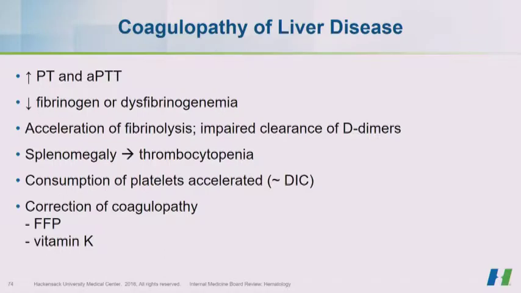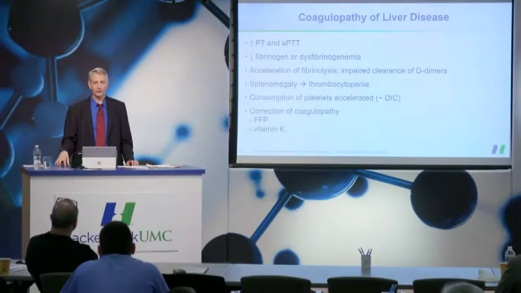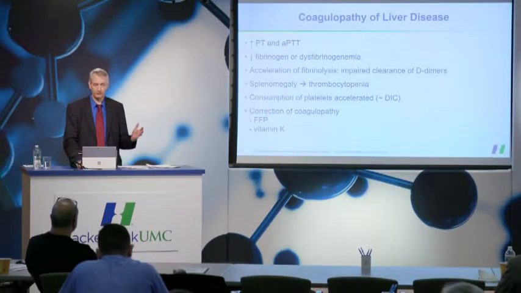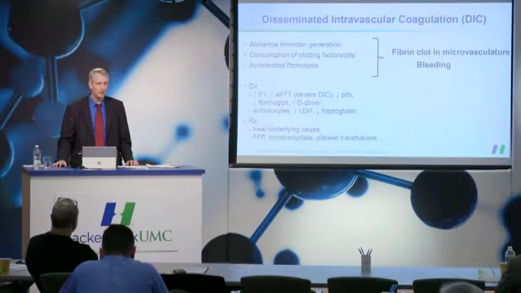You have abnormal and low levels of fibrinogen, splenomegaly, thrombocytopenia, consumption of platelets in DIC and other processes, typically correct with FFP or vitamin K. Even if patients with liver disease have elevated PT-PTT, don't assume they're automatically anticoagulated. As a matter of fact, they still have a thrombotic potential, so they may develop clots even with elevated PT-PTT.